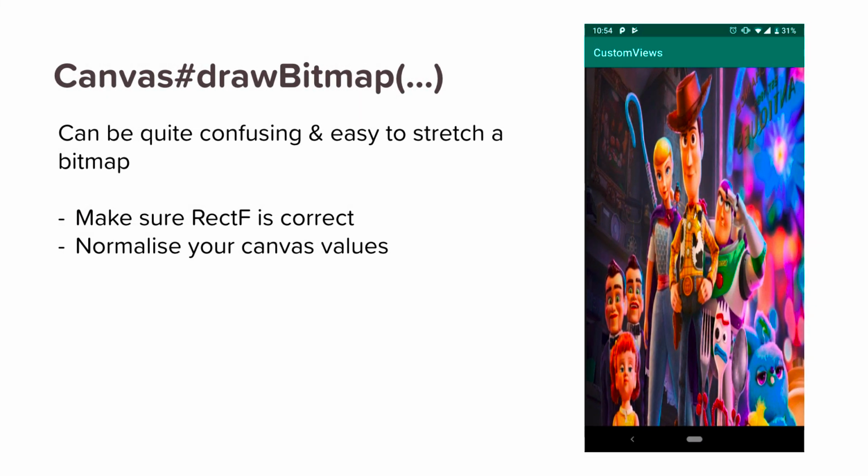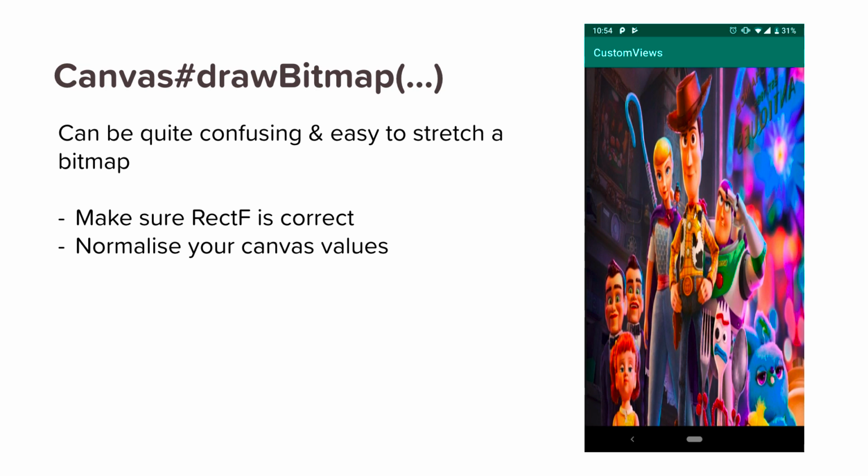Okay, so it can be quite confusing to work with canvas.drawBitmap. You can see in this example I have clearly stretched the Toy Story image quite a bit, and this is because I set the destination rect of the image to the whole size of the screen. I set the width and height and made it full screen.